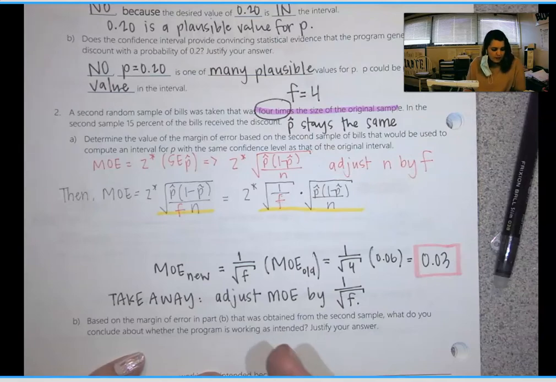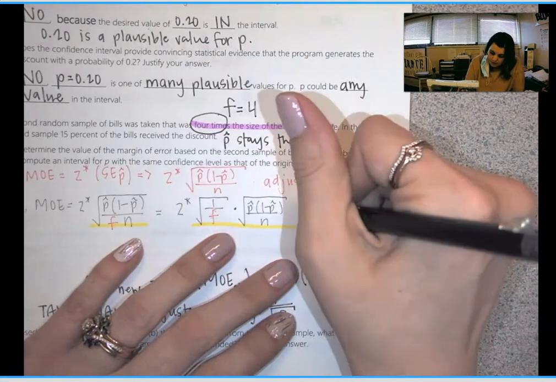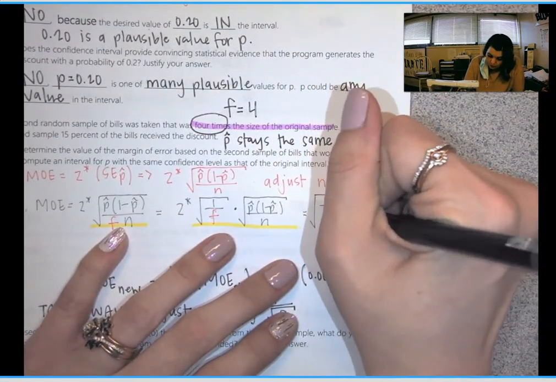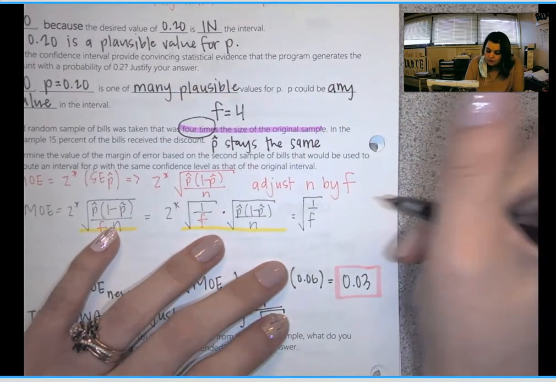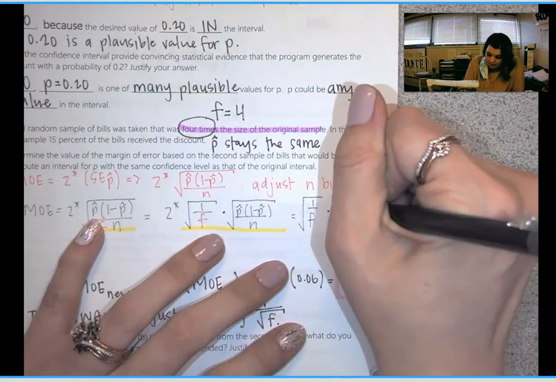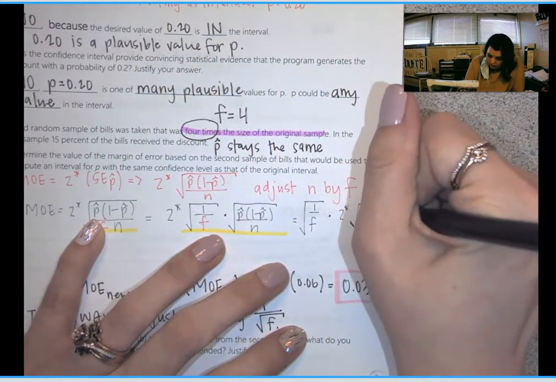Okay, well, if I just rearrange things a little bit more, I can put the root on the front, 1 over f, and that can all be multiplied by z critical with the big root.